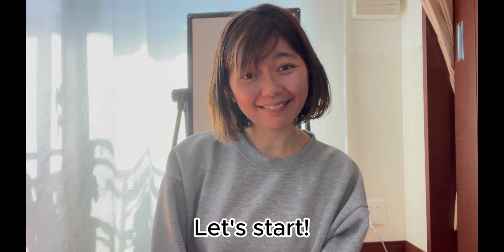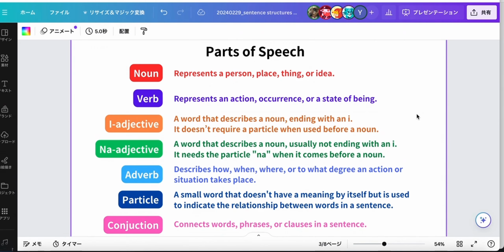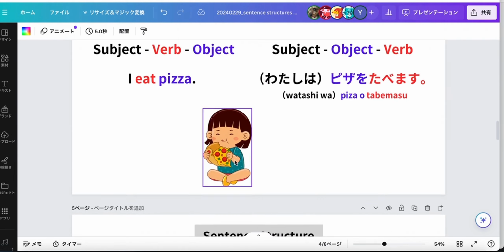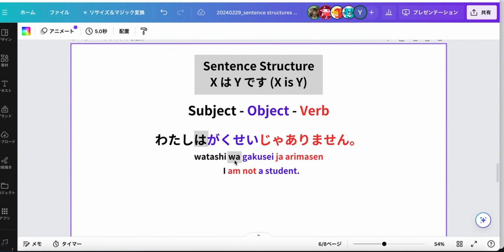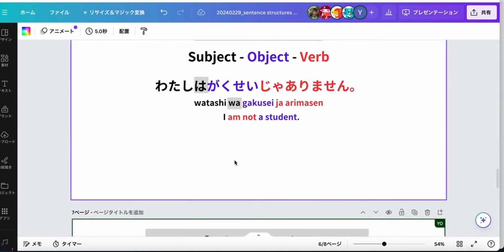Let's start. So today I am planning some lesson for beginners. For people who learn Japanese for the first time, I think they need to learn some structure, the basic structure. So today, first we're gonna introduce some of the terms to learn, like grammar terms, and then we'll do some activity, and then we're gonna learn some basic sentence structure, so affirmative and negative sentences.